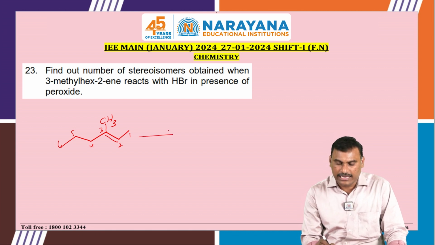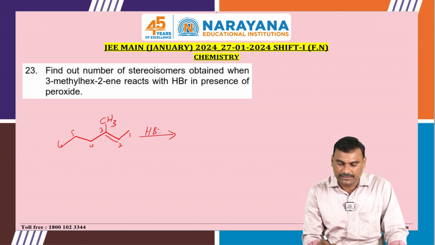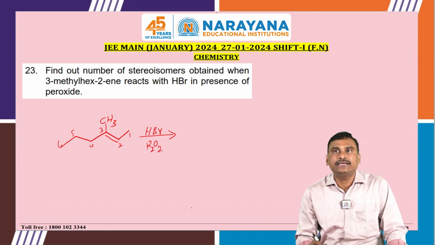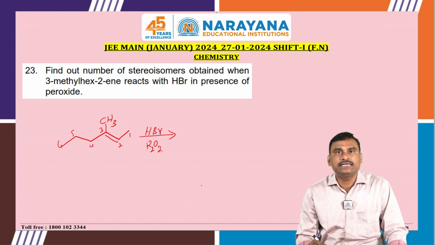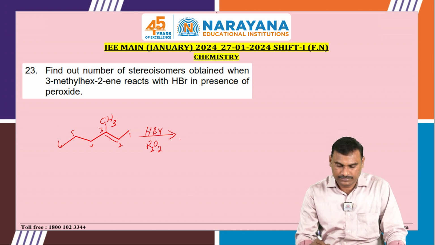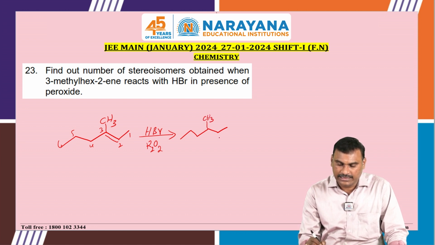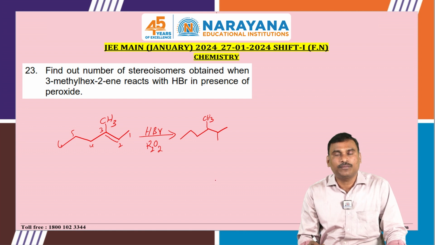Addition of HBr in the presence of peroxide is also called the Kharasch effect, an anti-Markovnikov addition. It is a radical mechanism. Therefore, the negative part of the reagent adds at the less substituted double bonded carbon.